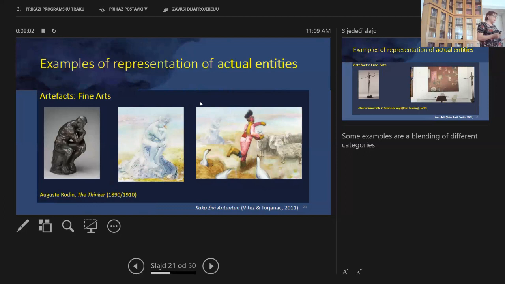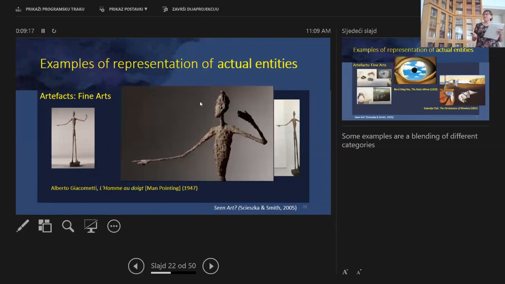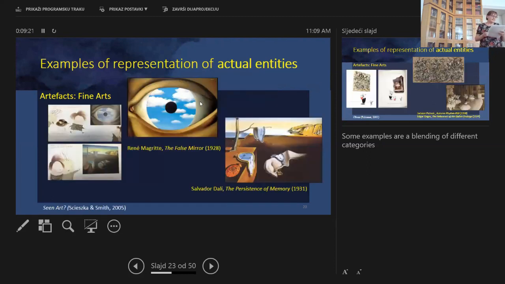Allusions made by represented or imitated sculptures are not rare either. The Thinker is imitated here. And the Pointing Man by Giacometti is an exhibit at MoMA in New York, as well as Magritte's and Dali's paintings.